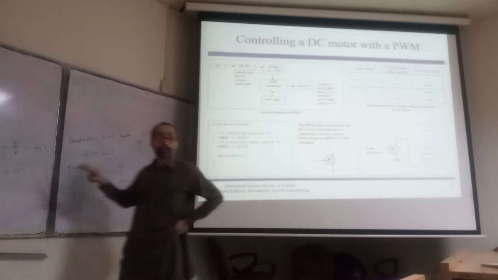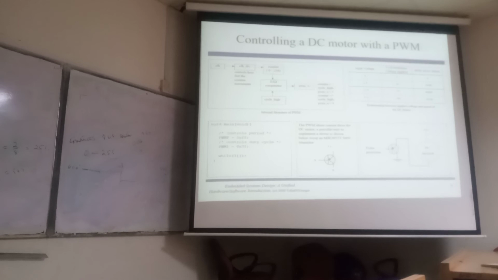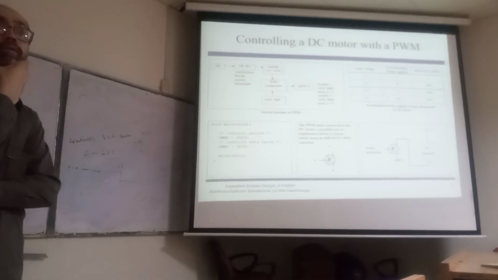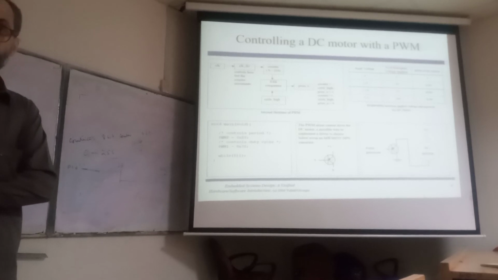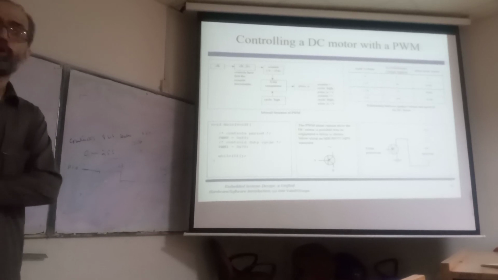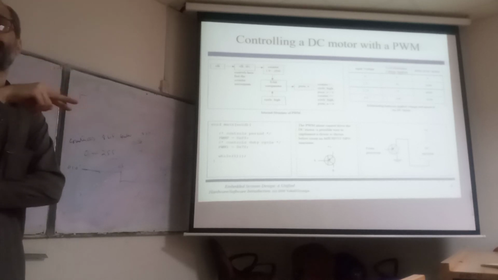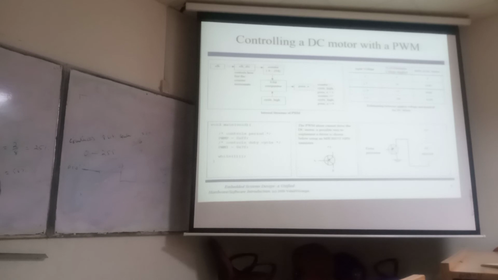Now if you want a duty cycle of 50%, from 0 to 127 it will be high, from 128 to 255 it will be low. If you want a duty cycle of 75%, from 0 to 191 it will be high, and from 192 to 255 it will be low. So it's actually easy to generate.